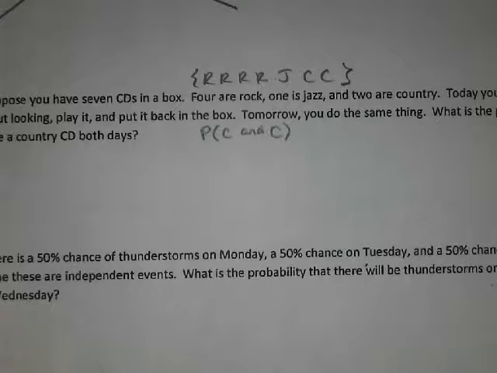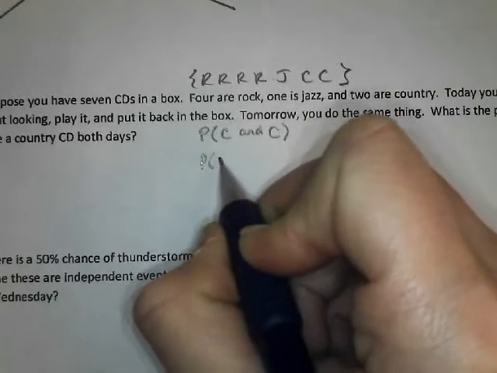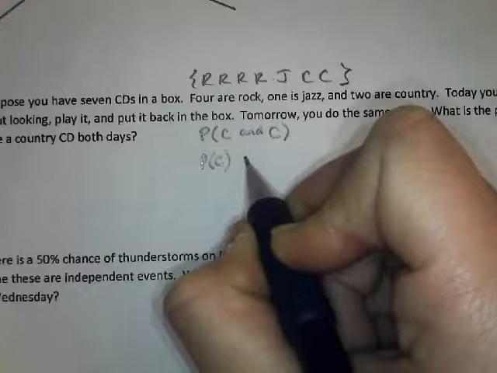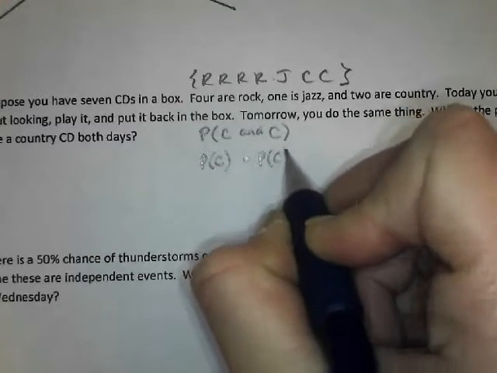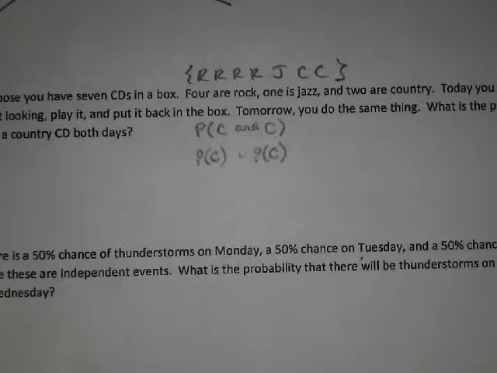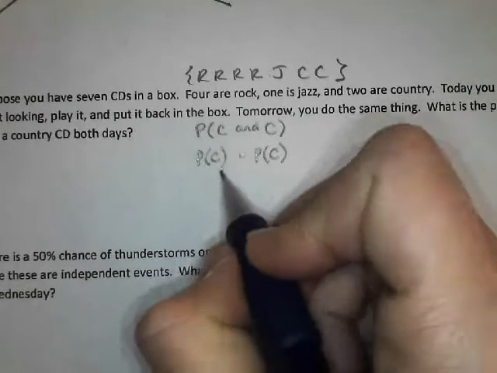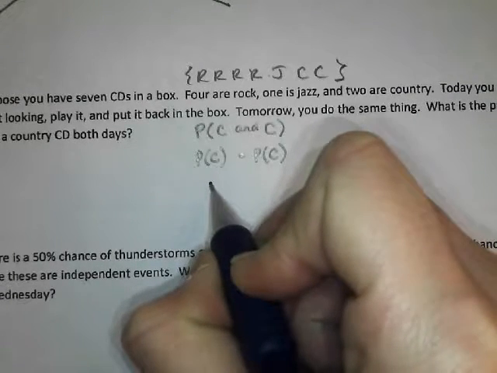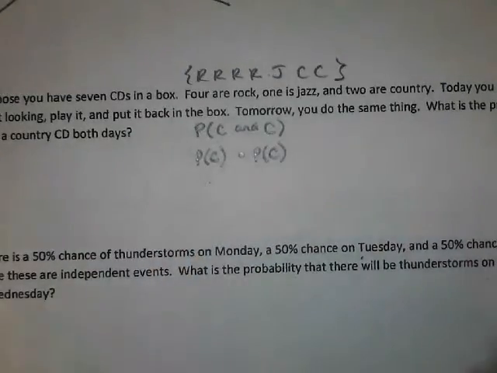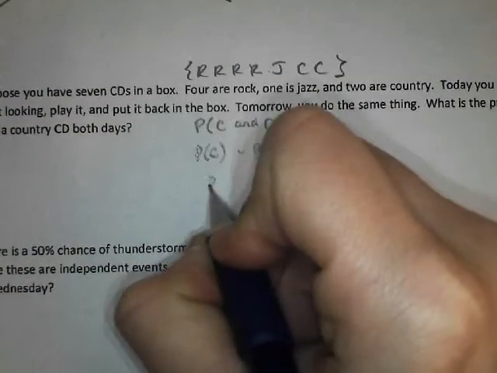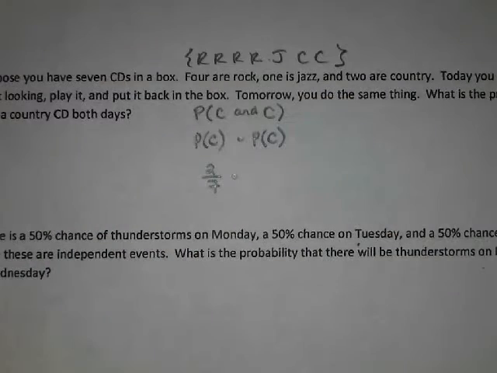I'm seeing a few of you mouth it. Say it. Multiply. Exactly. So on your first draw, you're looking for your probability of choosing a country times, on your second draw, your probability of choosing a country. Austin, what's the probability of choosing a country CD? 2/7 times, and remember, you put that CD back.